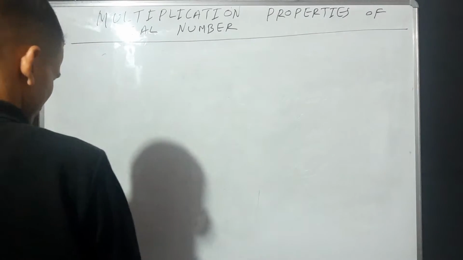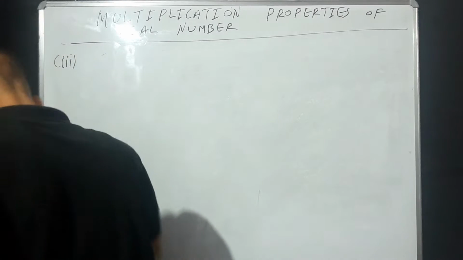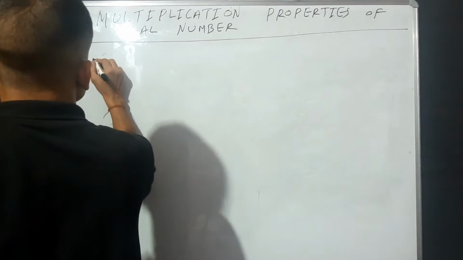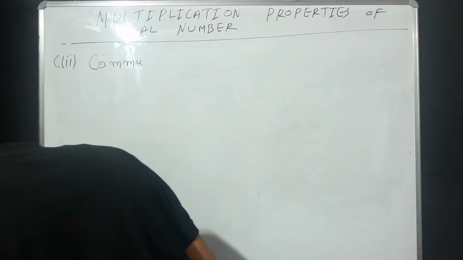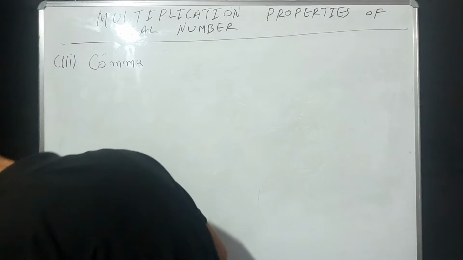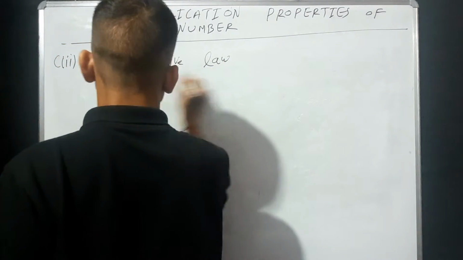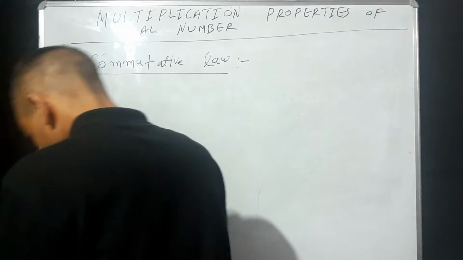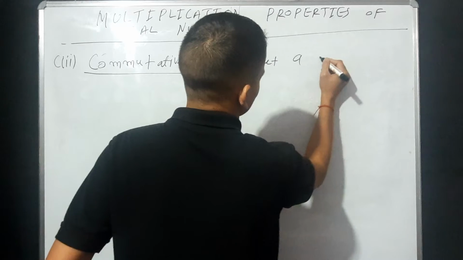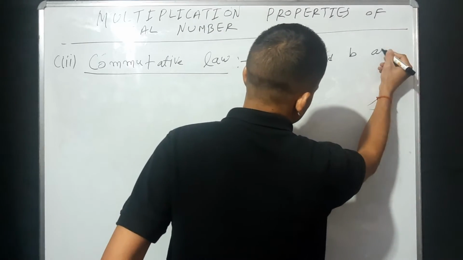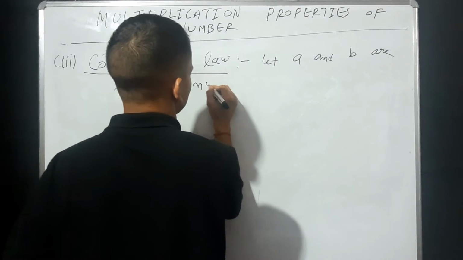The third property is the commutative law. Let A and B be two real numbers.